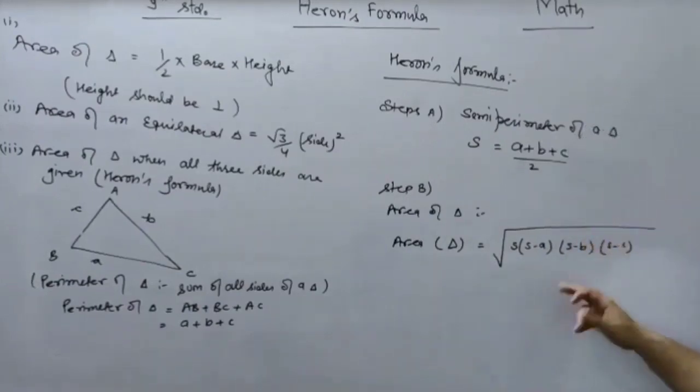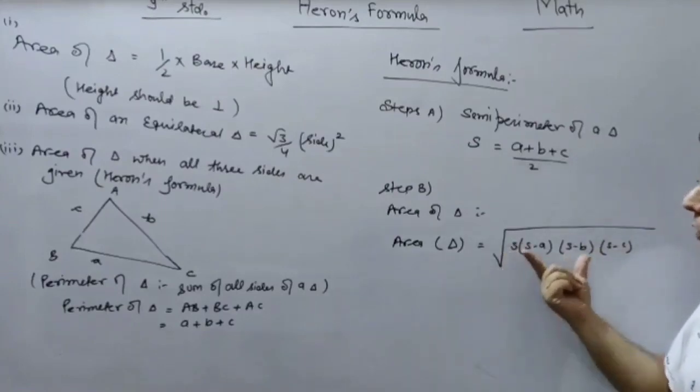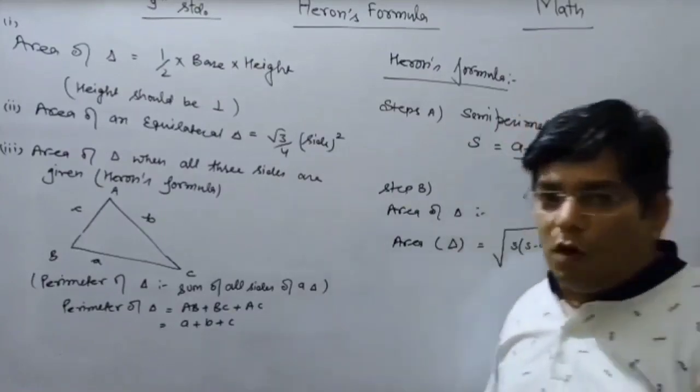In that formula we can find the area of a triangle by using Heron's formula.